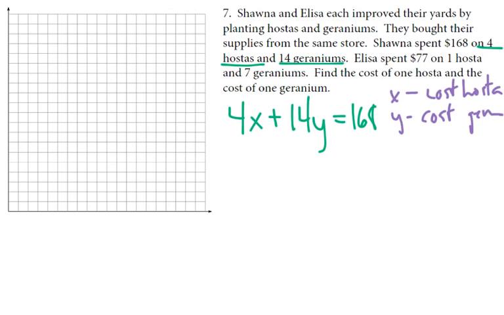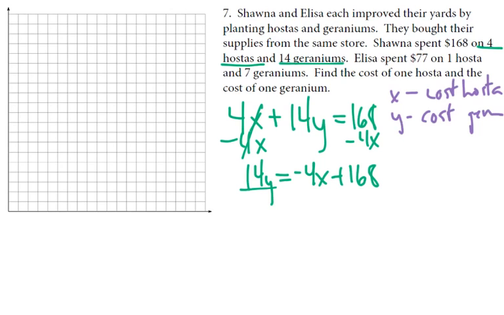Okay, so now we can solve for y to graph this. So subtract 4x from both sides. We get 14y equals negative 4x plus 168. Then we divide everything by 14, to get y equals, let's see, negative 4 over 14 would be what? Negative 2/7 x. And leave it as a fraction because we know it's our slope. Then 168 divided by 14.